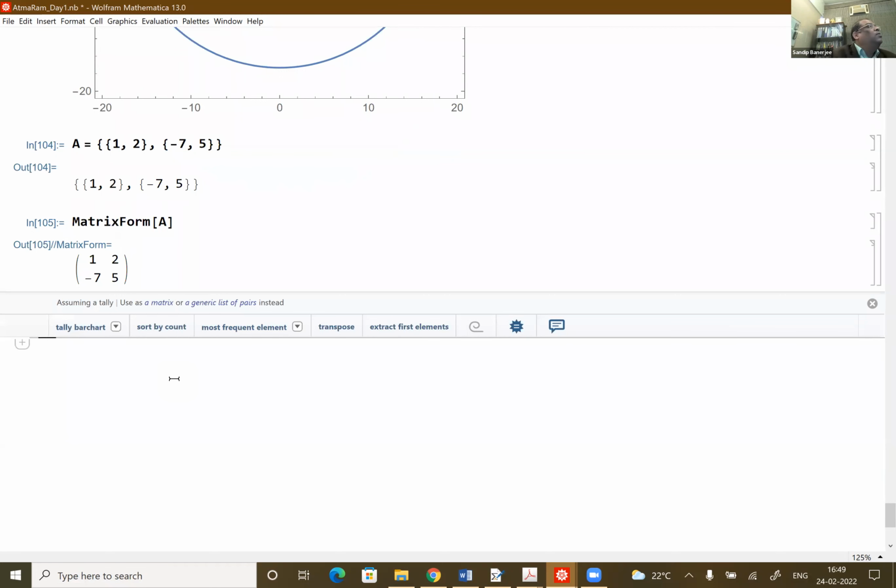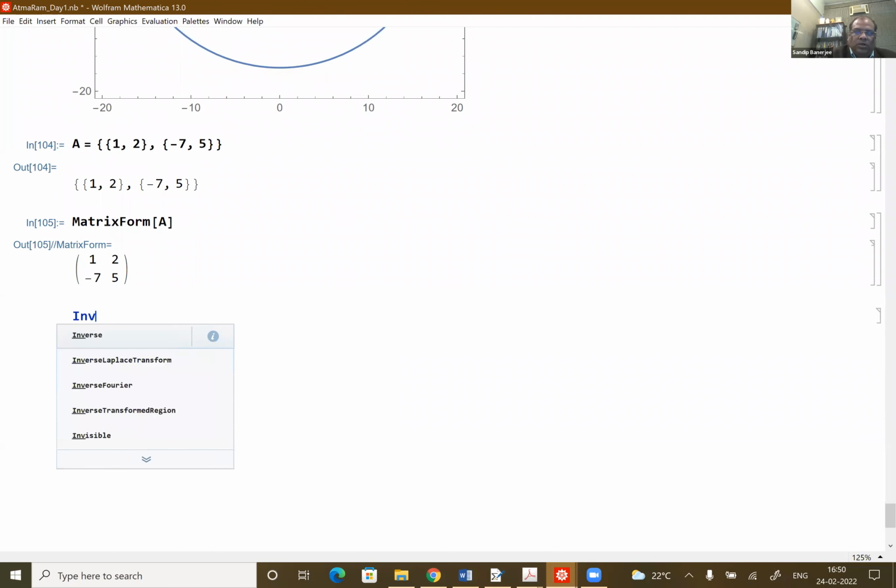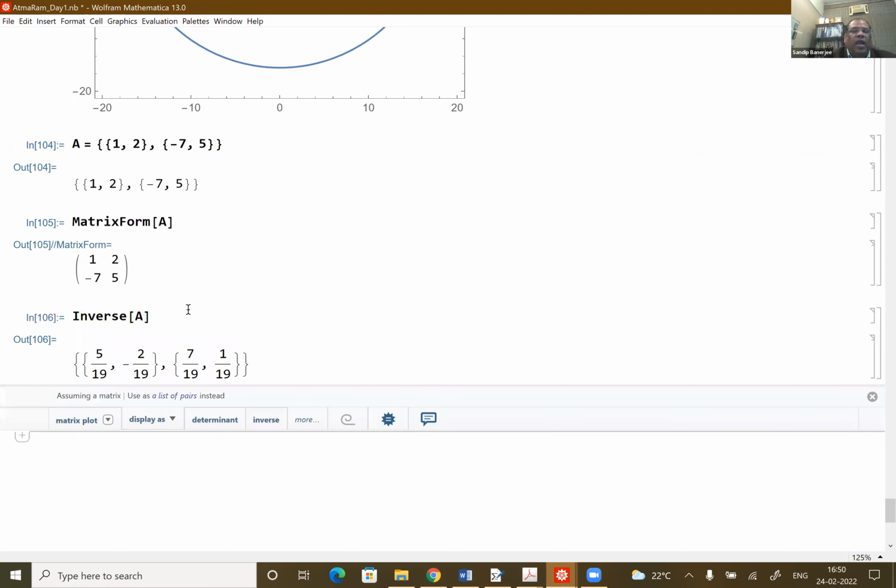If I want the inverse, yes. So these are various operations you can use for your question paper setting when you suddenly need to calculate.